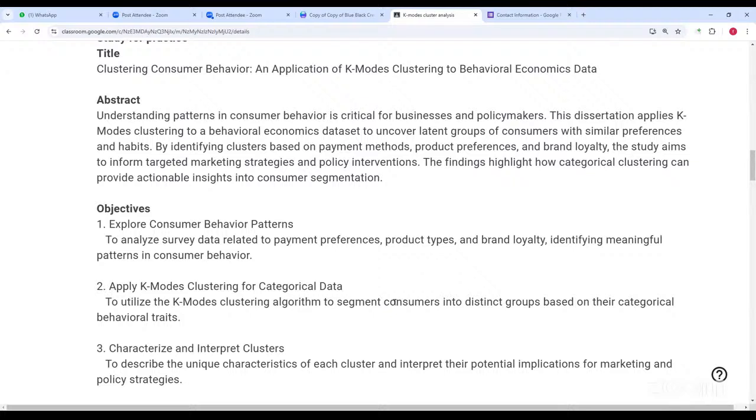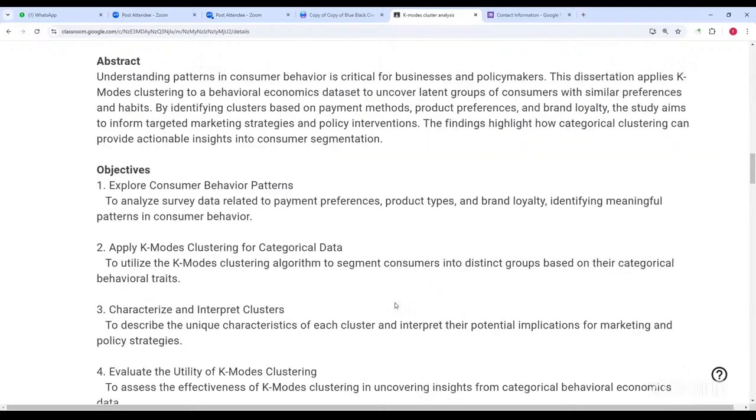Objectives: one, explore consumer behavior patterns, to analyze survey data related to payment preferences, product types, and brand loyalty, identifying meaningful patterns in consumer behavior. Two, apply K modes clustering for categorical data, to utilize the K modes clustering algorithm to segment consumers into distinct groups based on their categorical behavioral traits.